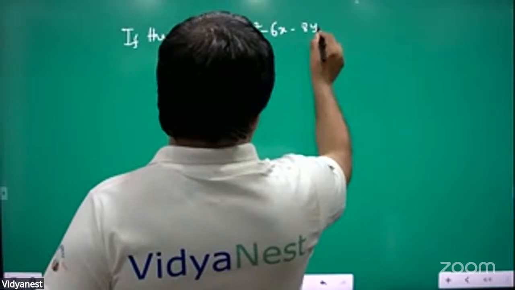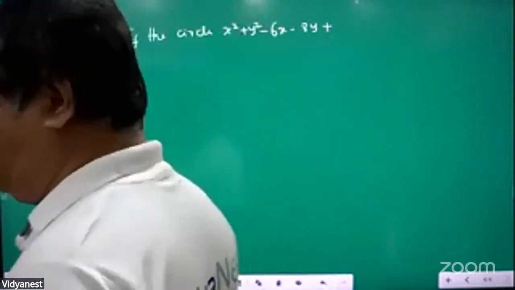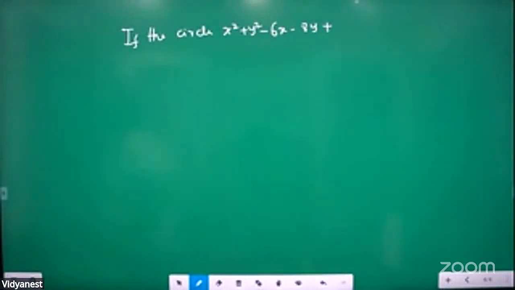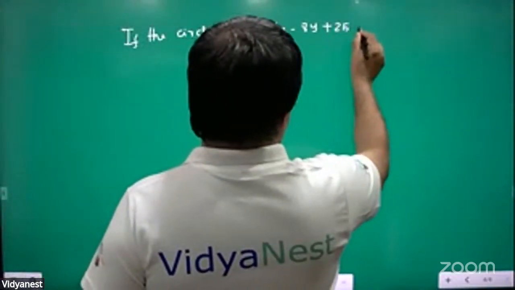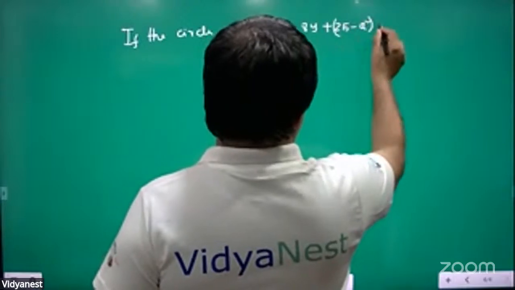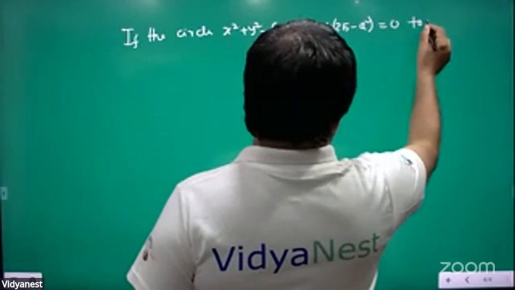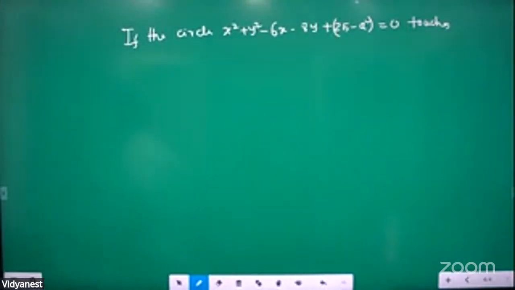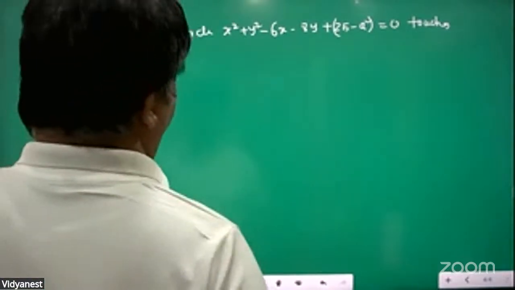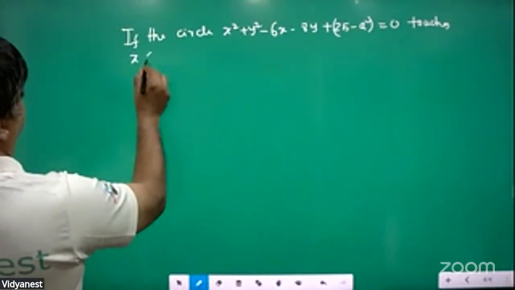Plus 8y plus 25 minus a square is equal to 0 touches the x-axis only.